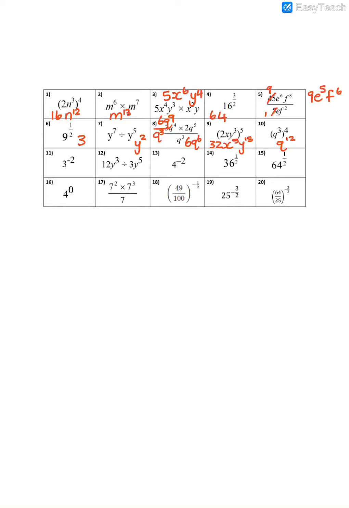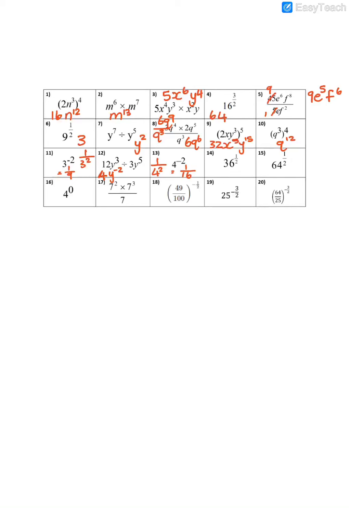Number 11, negative power, so write it as 1 over 3 squared, which is 1 over 9. Number 12, 12 divided by 4 is 3, 12 divided by 3 is 4. y cubed divided by y to the power of 5 is y to the power of negative 2. 13, negative power, write it as 1 over 4 squared, which is the same as 1 over 16.